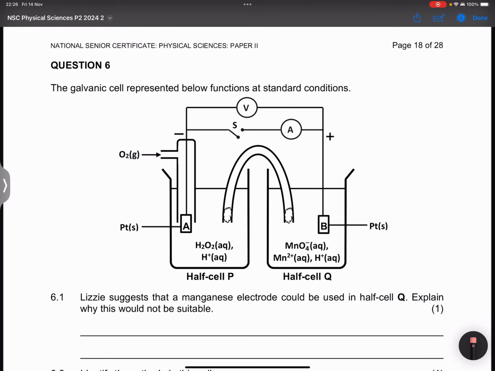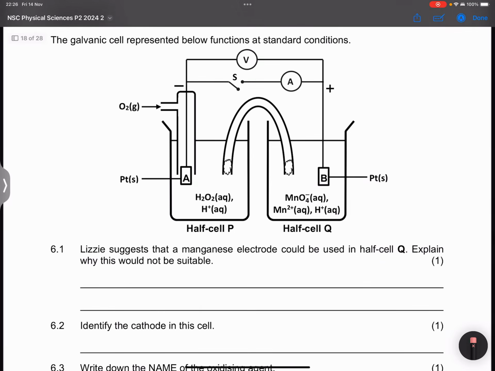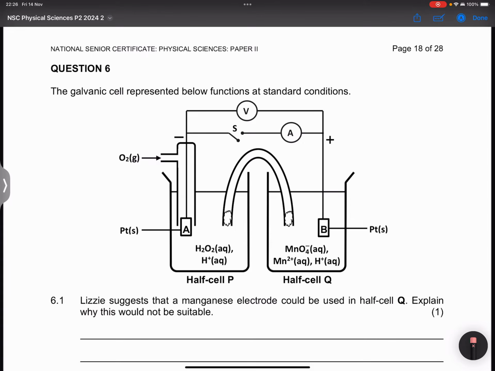And the half reaction that I found that has those two just simply says O2 plus 2H plus plus 2 electrons will give us H2O2. The standard potential there is 0.68.